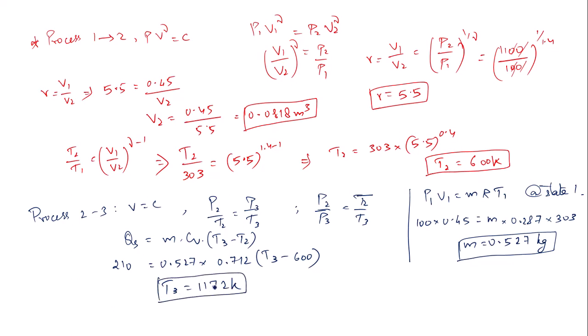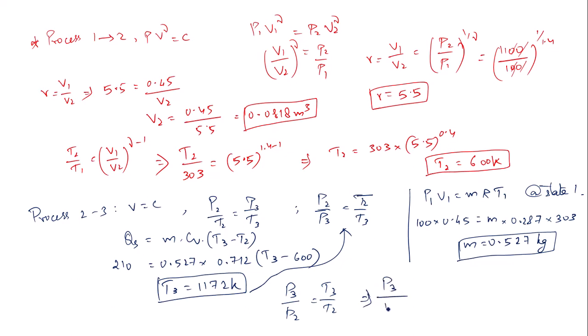Having this T3 value, using this equation, I am substituting this T3 in this equation. I'll just reciprocate this equation. P3 by P2 is equal to T3 by T2. I'll substitute all the known values. P3 is unknown to us.